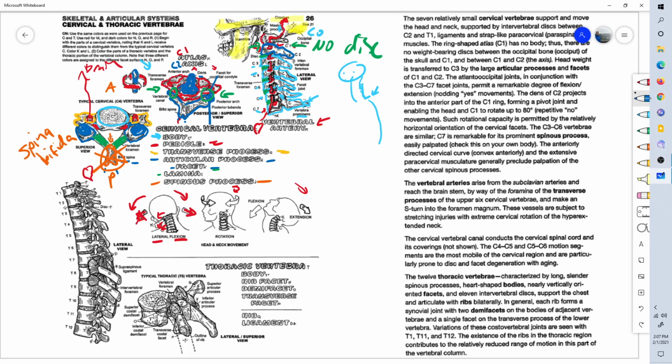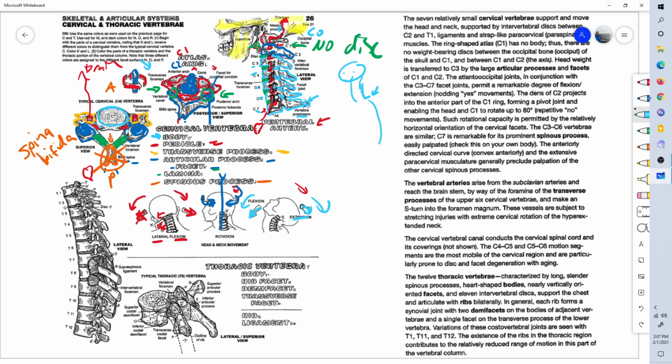Rotation occurs in the transverse plane. This is around what's called the y-axis. And this is in the transverse plane, and it's called rotation. So this is called cervical rotation, or neck rotation. And lastly, in the sagittal plane, we have the movement of flexion and extension, forward and back.